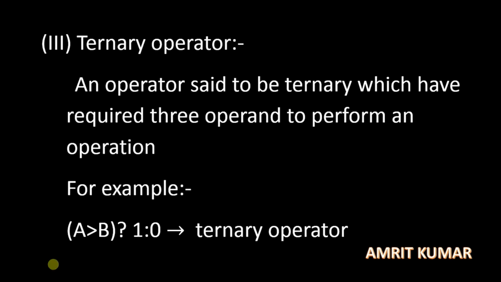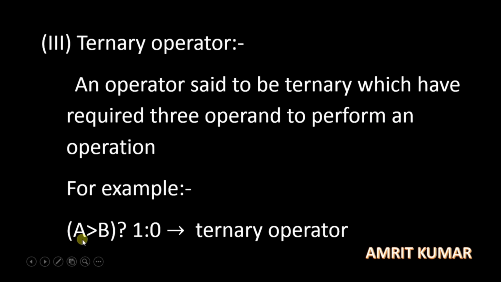Here we are using the fact that A is greater than B. A is greater than B is a condition, which illustrates that A can be greater than B or not.